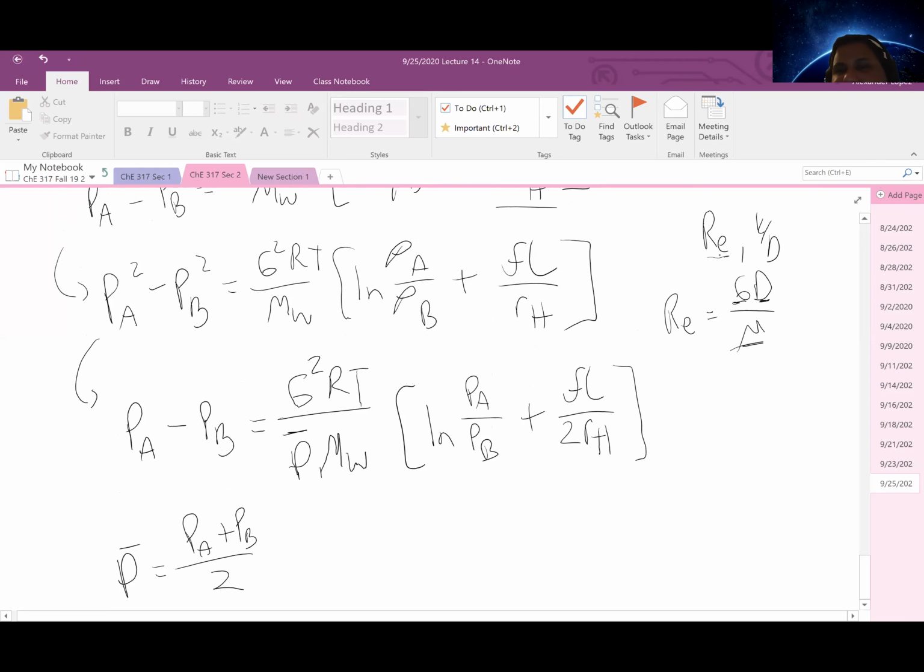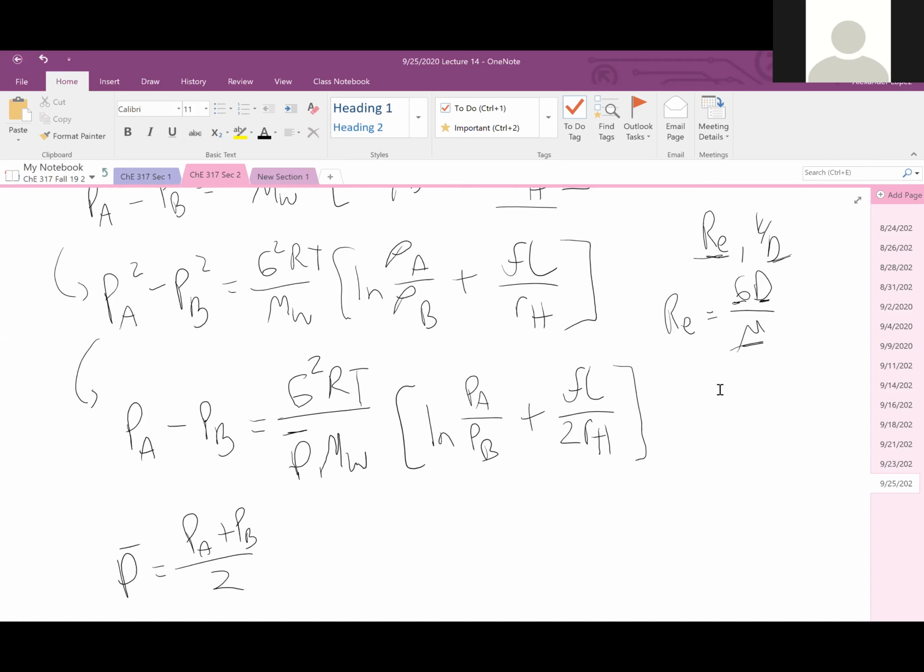So the Reynolds number isn't going to change with this flow system, and neither is our relative roughness value. And since that's the case, the friction factor doesn't change, even though we have compressible flow. It's only for the condition of adiabatic frictional flow that we're going to need to look at an averaged friction factor.